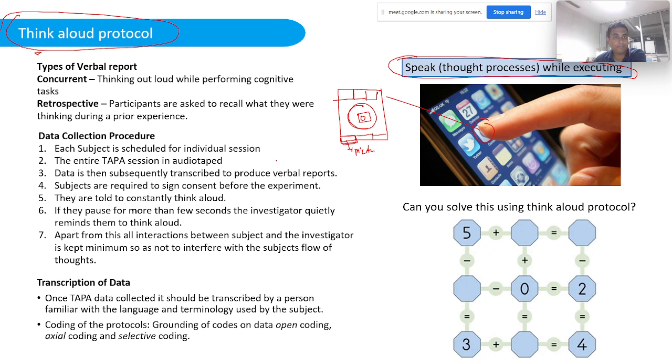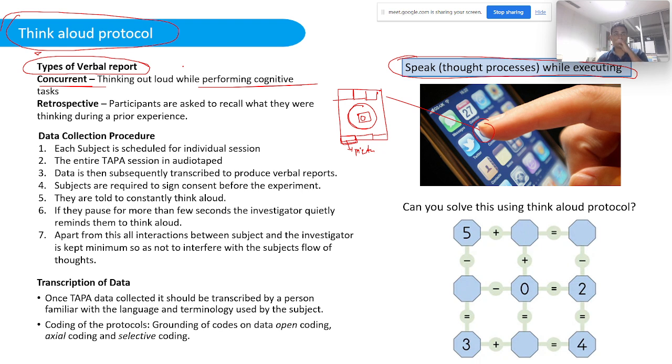Now in a think aloud protocol there are two types of verbal reporting. One is concurrent. That means think aloud while performing a particular cognitive task. Generally we use this technique when the tasks have complexities in terms of cognitive processing, calculations, understanding, learnability.